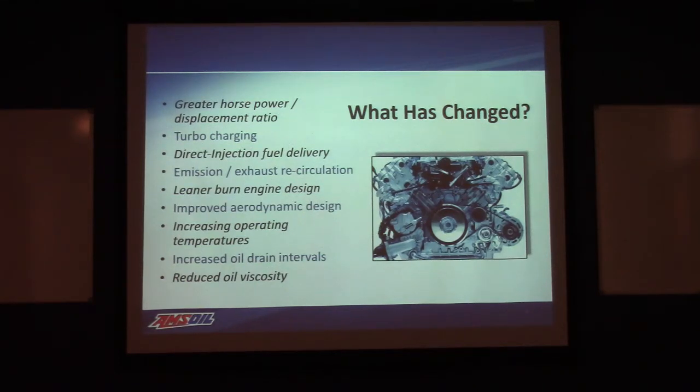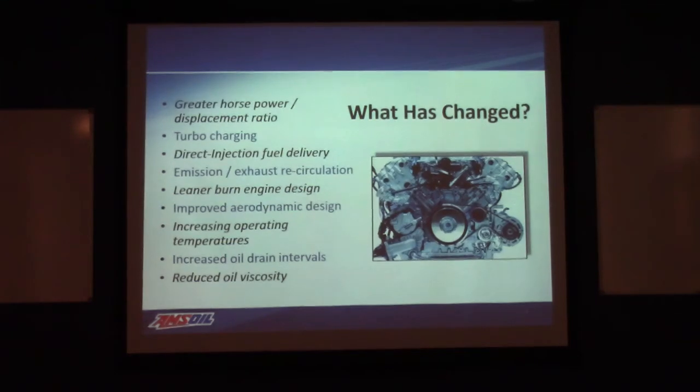Also, if you go back 15, 20 years, oil never used to last much more than 3,000 to 5,000 miles in a car. Matter of fact, the OEMs, original equipment manufacturers, always said, change your oil every 3,000 miles. Kind of a rule of thumb, right? Conventional oils, understand what they're saying here. Nowadays, however, we can see owner's manuals basically saying, don't worry, the car is going to tell you when the oil needs to be changed.